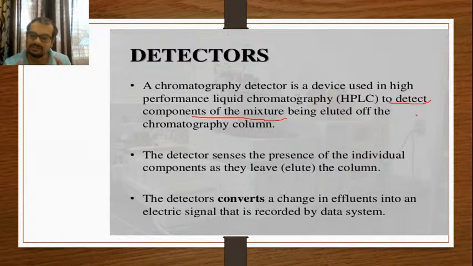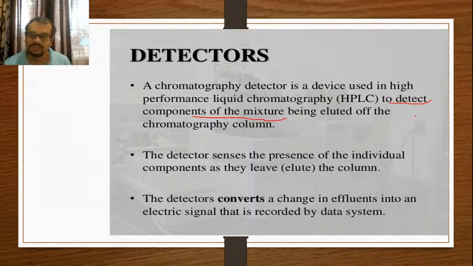But as such, the detector system in case of HPLC is not universal, in the sense that there is a variety of components which get separated out of the column, and this variety of components not only has variations in their physical properties, but there are variations in their chemical properties also, and that needs individual components to be dealt with by individual detectors, because the chemical properties of each component need to be detected by a different detector system. And that's why one of the disadvantages with respect to HPLC is that it does not have any universal detector system. Okay, have you got this?